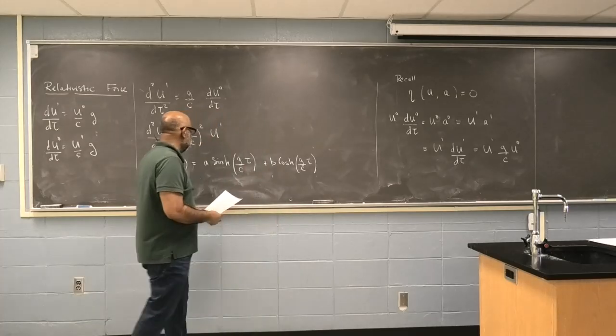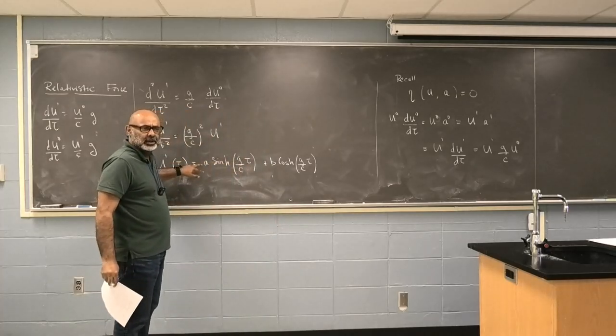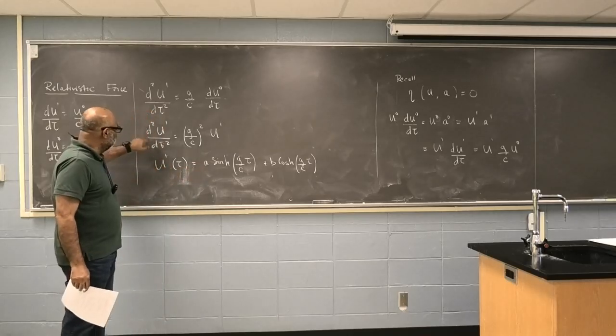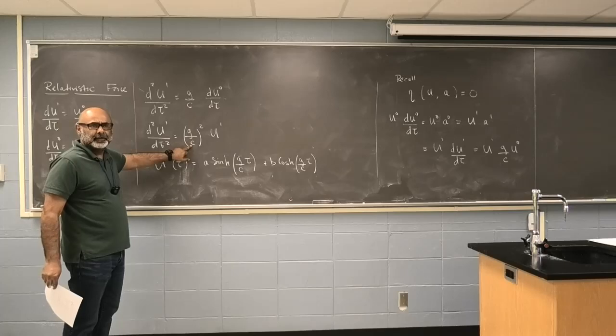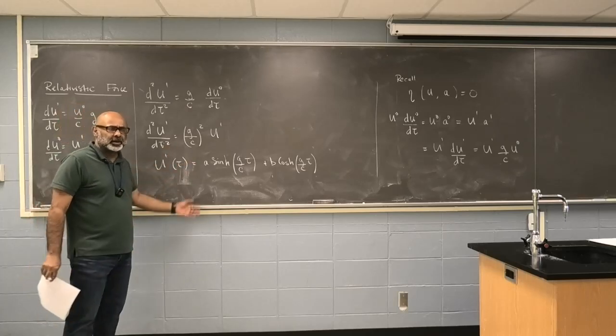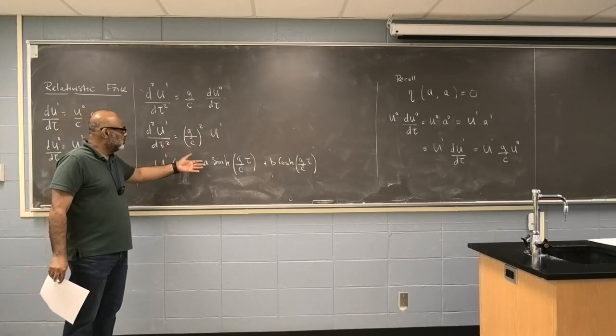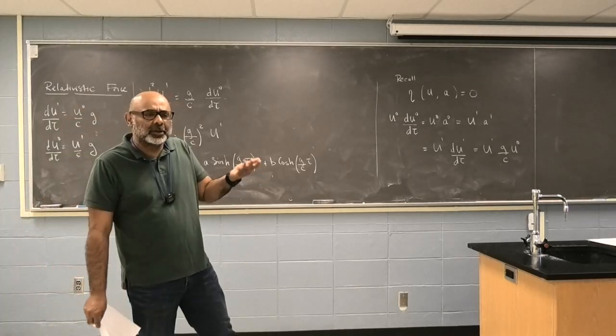Why do I have g over c? Every time I take a tau derivative, g over c comes out. And I'm taking two derivatives, so obviously g squared over c squared comes out. So, why can't we just use an exponential function here? We can, but it works out beautifully here. Exponential function, e to the x, e to the minus x. That is what sinh and cosh is made of.